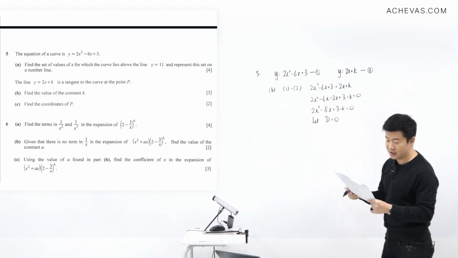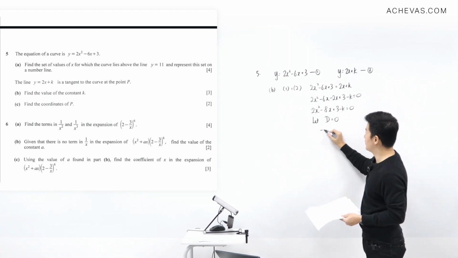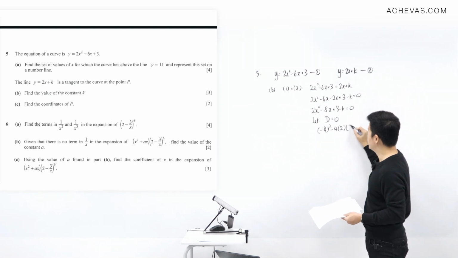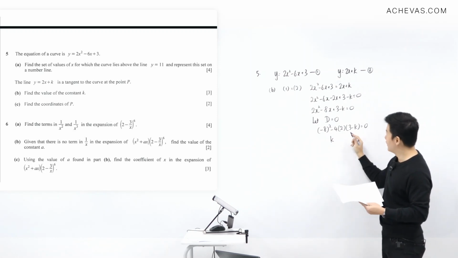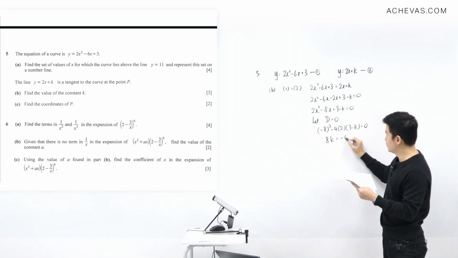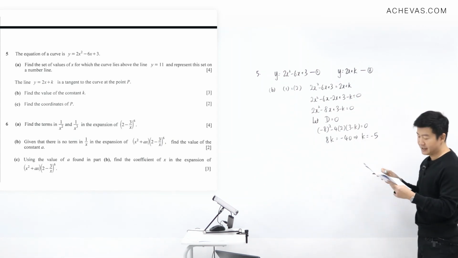So the discriminant is going to be equal to b squared minus 4ac. So this is equal to 0. Okay, we can actually just solve for k directly. We will be getting 8k is going to be equal to minus 40. So k here is going to be equal to minus 5.